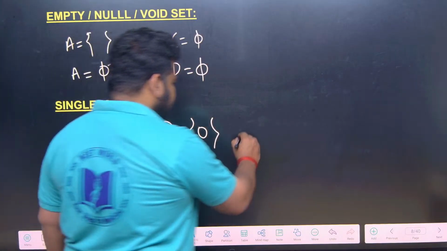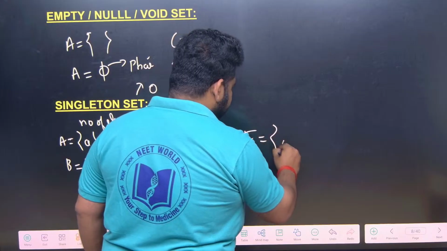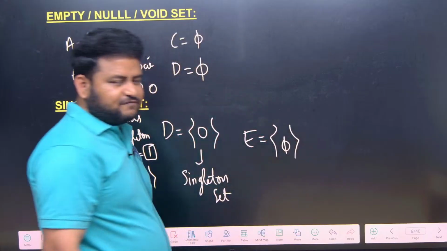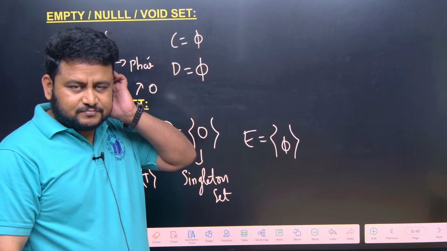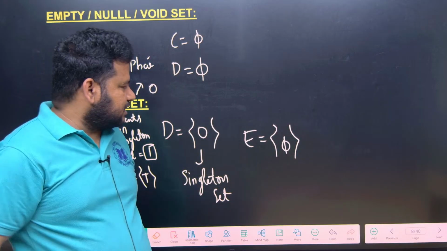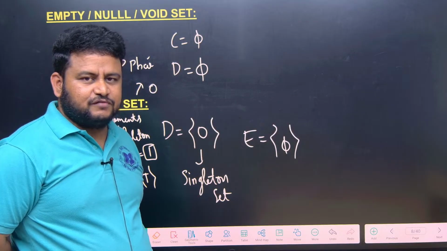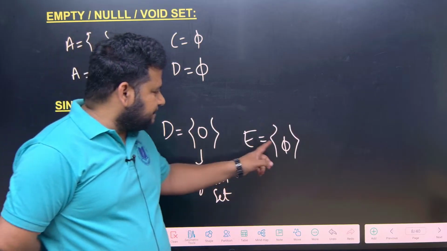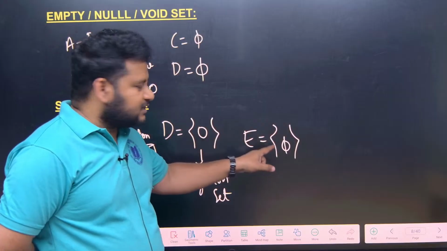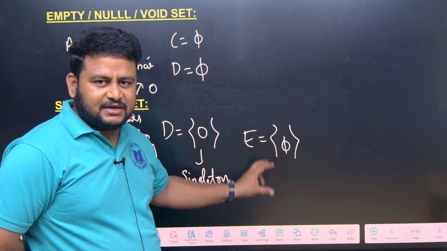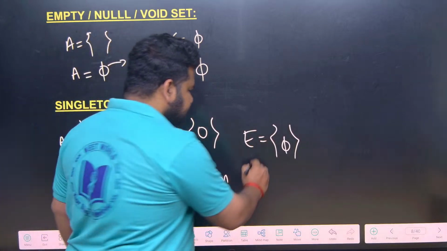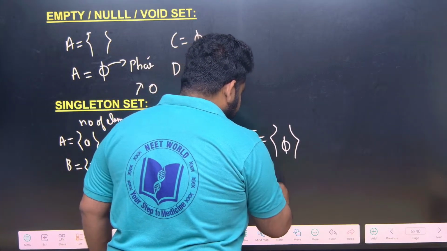Now suppose one more example, if I write E is equal to {phi}, is this a singleton set, a null set, or a void set? This is my question. See here, this is not an empty set or a null set, this is a singleton set having the element phi, so this is also a singleton set.